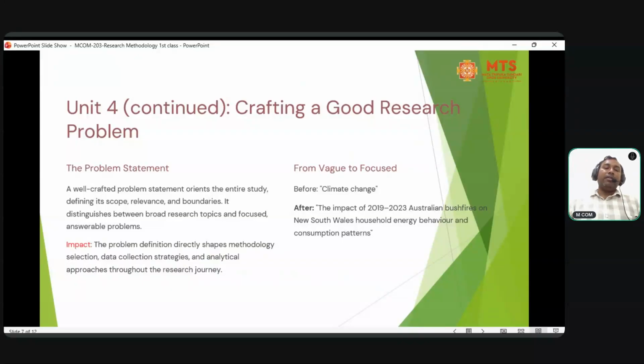The problem definition directly shapes methodology selection, data collection strategies, and analytical approach throughout the research journey. So this is research problem finding under unit 4.